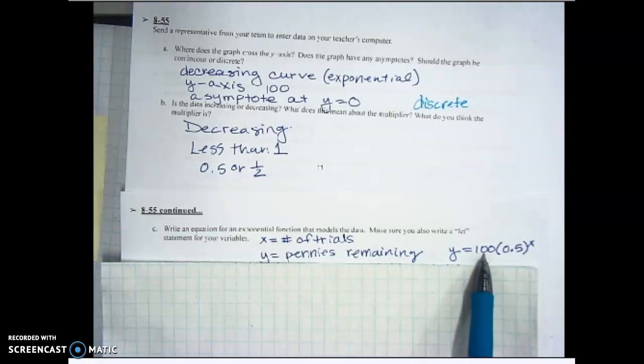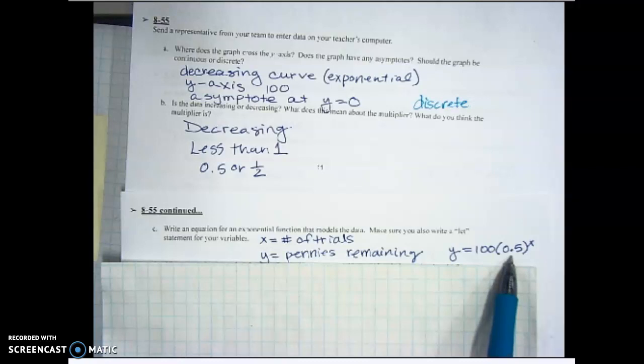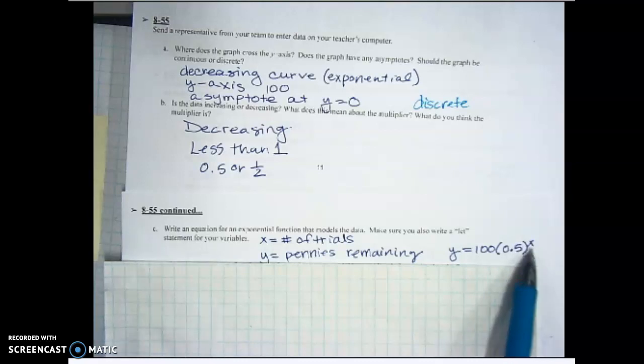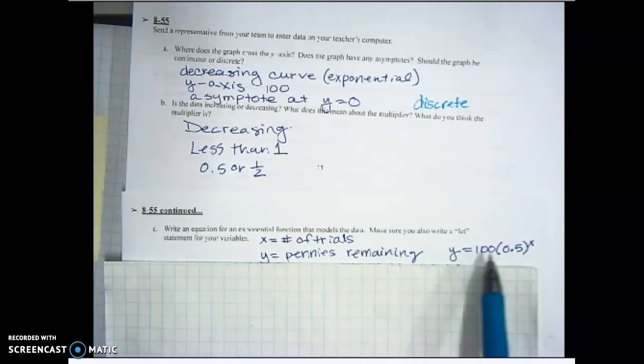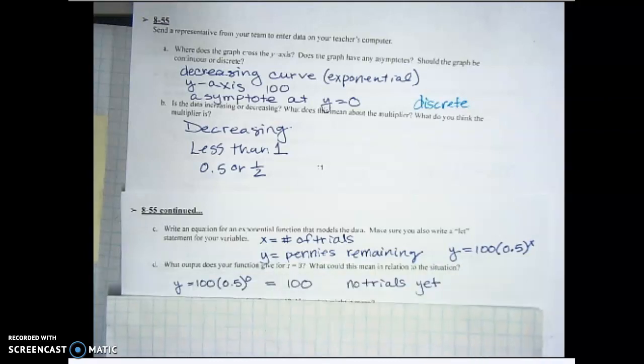So we all started with 100, and we were decreasing at approximately a rate of 0.5, which is less than 1, which is what makes it decrease, okay? The x up here is whatever trial you are on, okay? So if you're on trial 0, anything to the 0 power is 1, and then 1 times 100 is 100. So part D says, what output does your function give when x is 0? You get 100. That means you haven't had any trials yet.